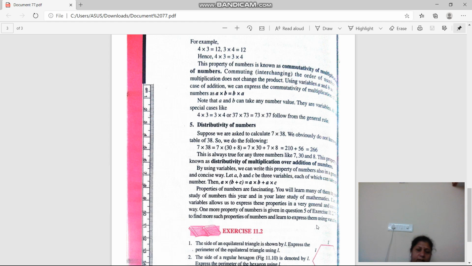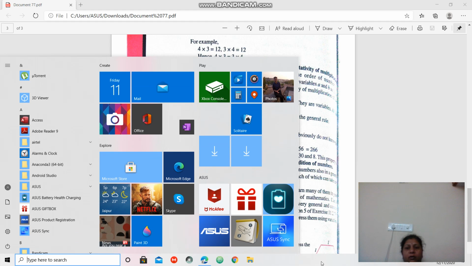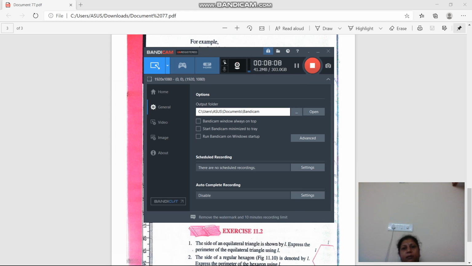Okay, so first of all, before starting exercise 11.2, you have to read all these properties carefully. Okay, so we just studied, but it is necessary to read these properties and you have to understand them properly.